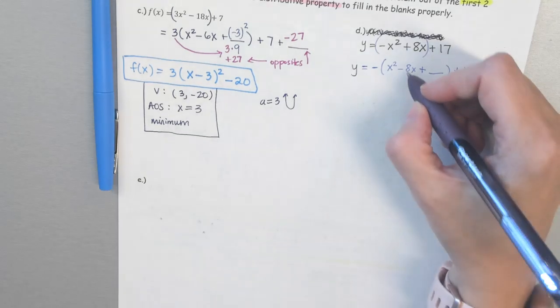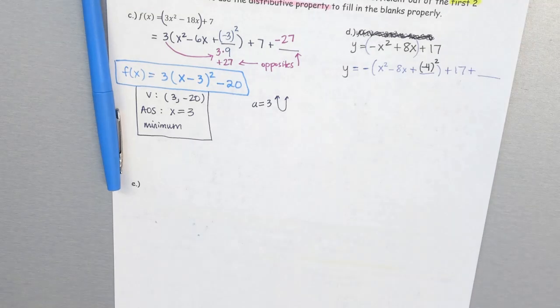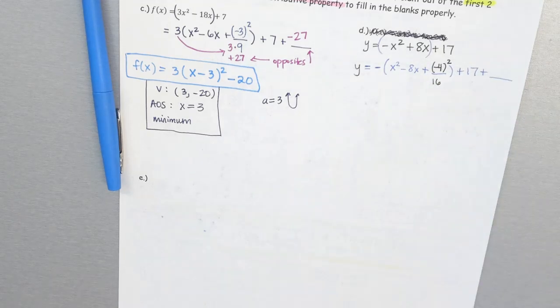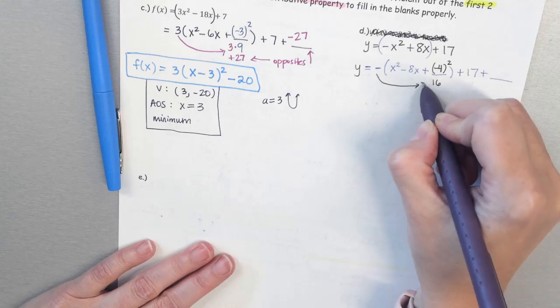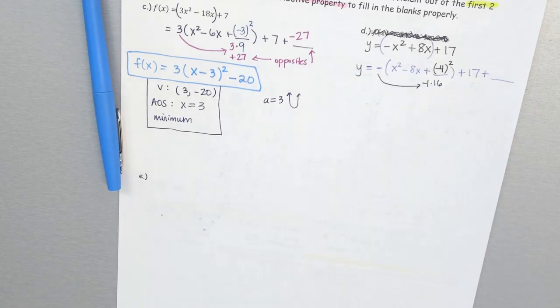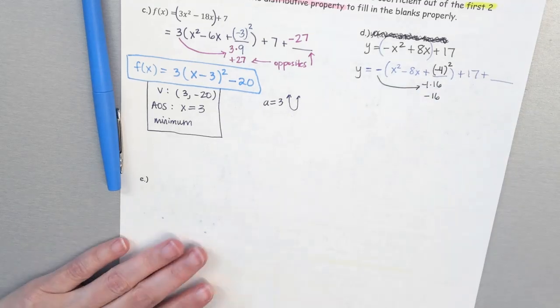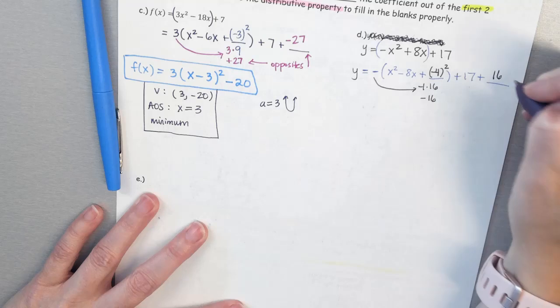Okay, and then when you have negative 8 and you cut it in half, it'll be negative 4 squared. So remember, this is a positive 16, but if you distribute the negative, it's negative 1 times 16. So you're actually subtracting 16 here, which means in this space you have to add it.